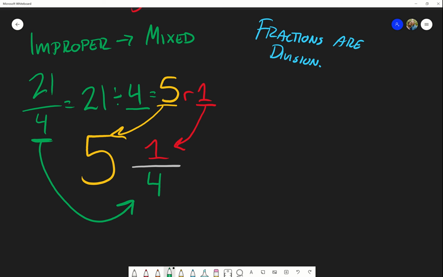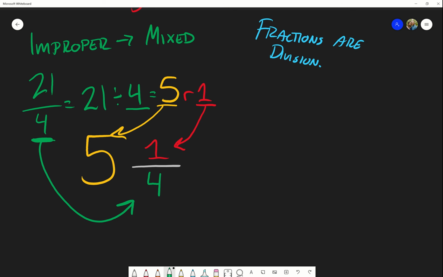Okay, so it's a lot of steps. But so we divide 21 divided by 4, and we get 5 with a remainder of 1. That 5 is our whole number in the mixed number. The remainder is our numerator, and the denominator is the number that was the denominator from the beginning. We keep our denominator the same.